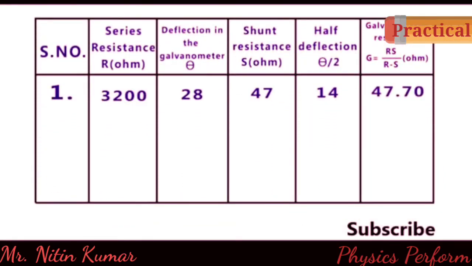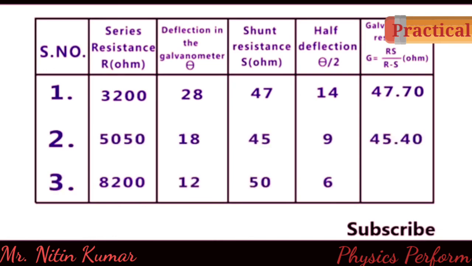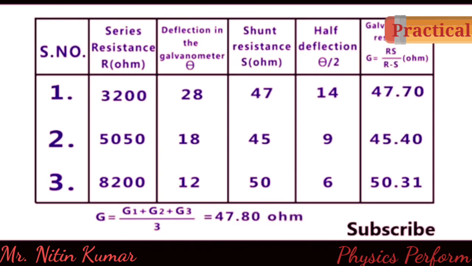Therefore, galvanometer resistance is calculated by G is equal to RS divided by (R minus S), that is equal to 3200 into 47 by (3200 minus 47), which is 47.70 ohms. Similarly, the values for a series resistance of 5050 ohms and 8200 ohms are as follows. Mean value of galvanometer resistance is G is equal to (G1 plus G2 plus G3) by 3, which is 47.80 ohms.